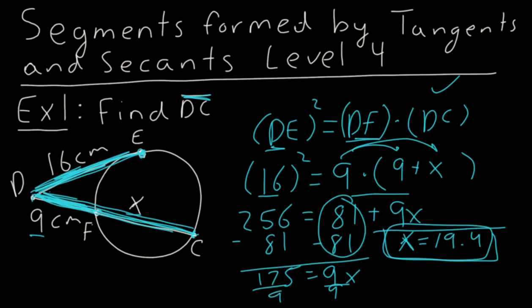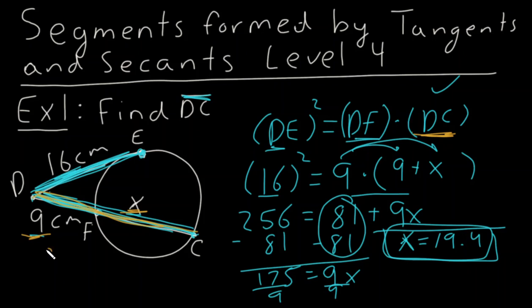Remember, our ultimate goal, and here, let me switch colors for this, UT burnt orange, our ultimate goal is that we want to find out what is DC. What is the total length of this line? Here we notice we have an X, here we have a 9, and remember, we just want to add these two things together.